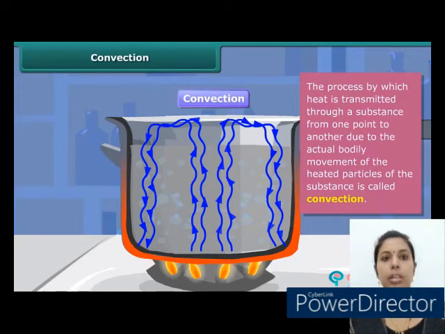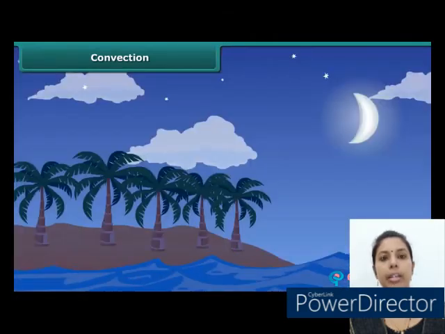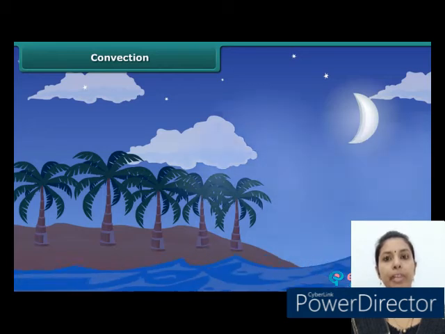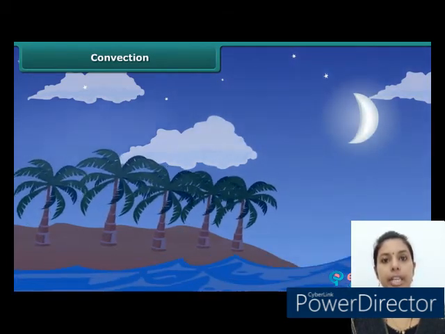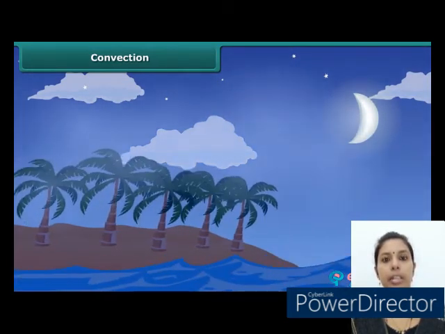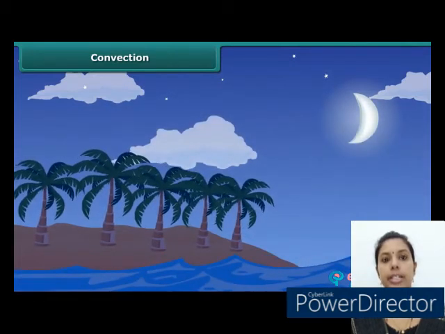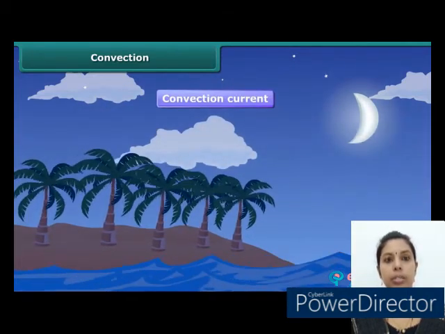In convection, heat is carried by moving gases like air and by moving liquids like water. A movement of air which carries heat from a warmer place to a cooler place is called convection current.